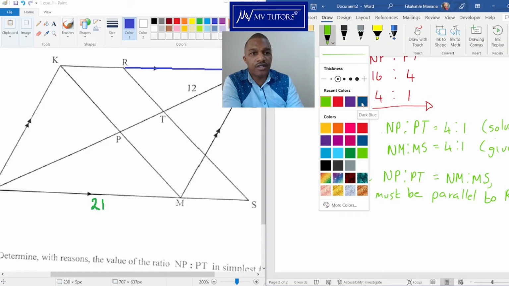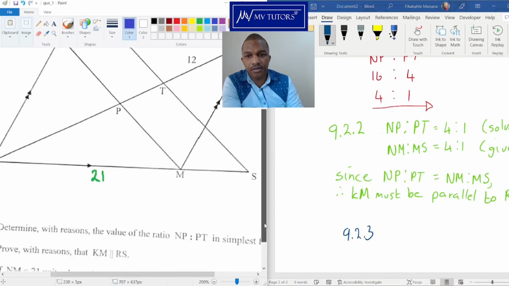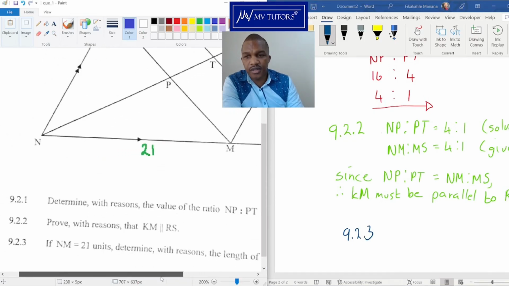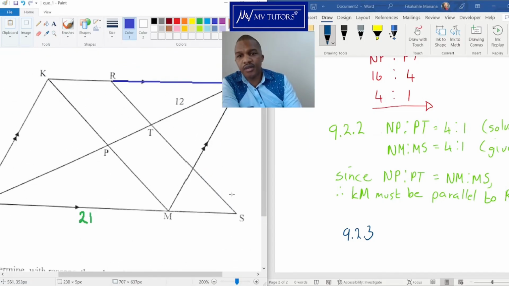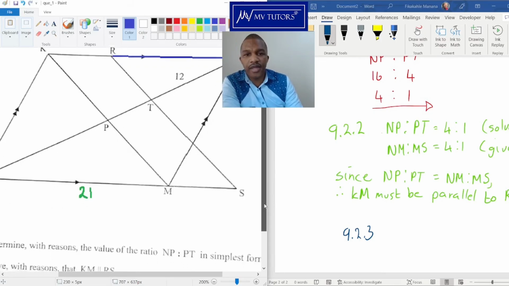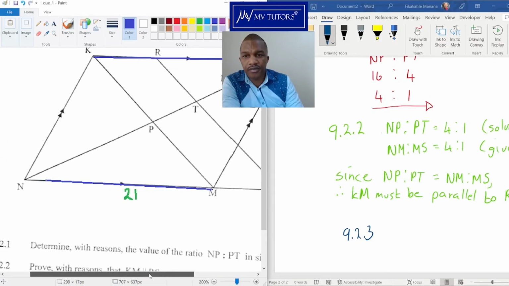Let me change the color to blue. So this is now 9.2.3. Remember, we have a parallelogram here, and in the parallelogram we know that KL and MN are equal.